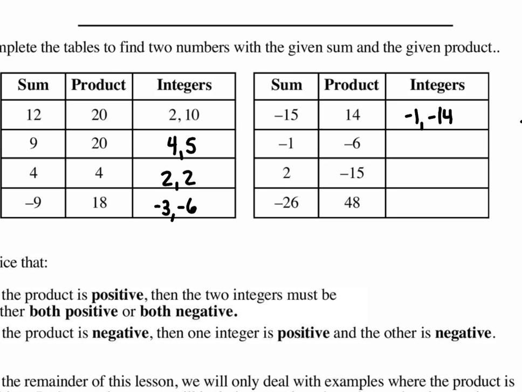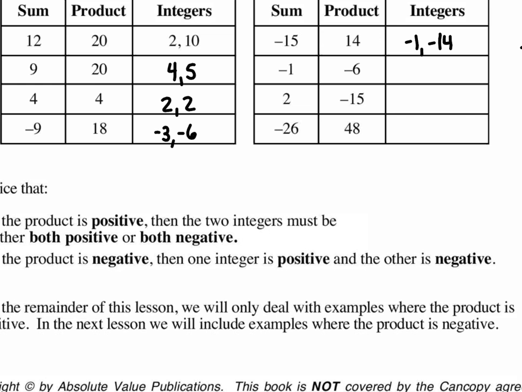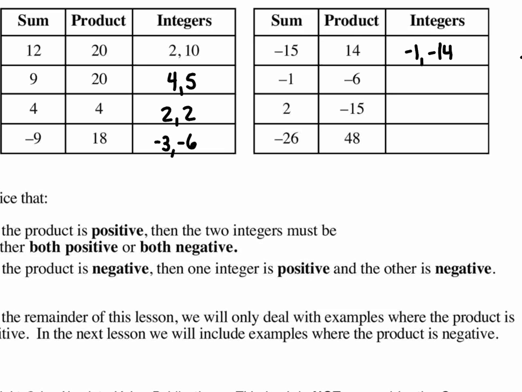Okay, 6. 1 times 6, 2 times 3. How do I add to -1 and multiply to -6? If we want to add to a negative, let's talk about product. If a product is negative, always one number is positive, one is negative. How you figure out which one is negative is if you're adding to a negative, the larger number is negative.